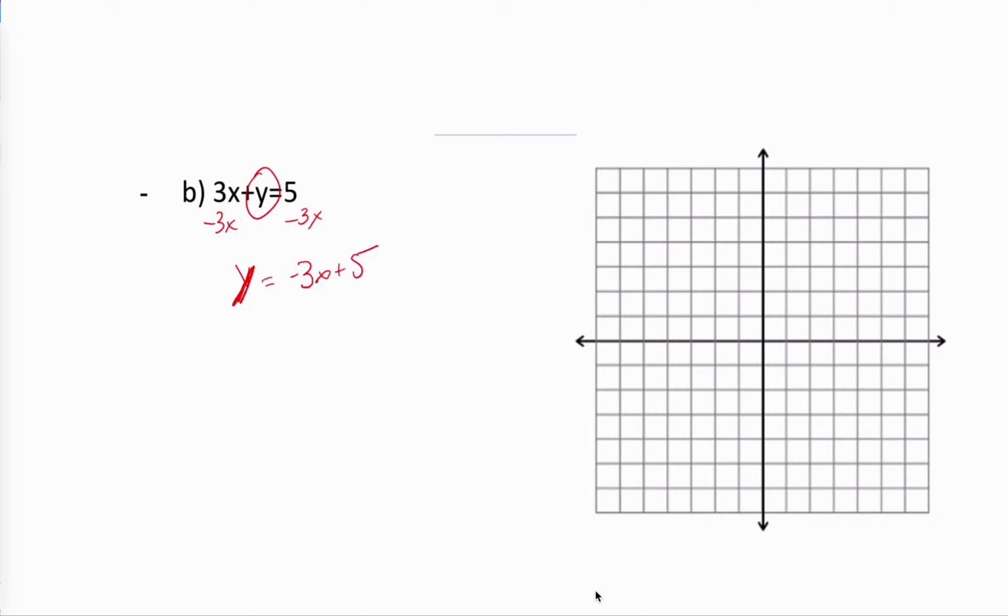And so our intercept is at 5, and we have a slope of -3 over 1. So down 3 and 1 to the right. And we can do that several times and get several points that we can make into a line.